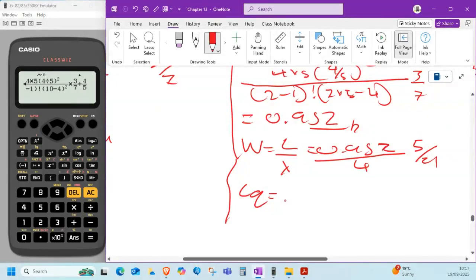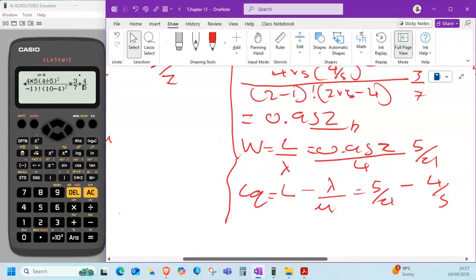Yeah. And now we have LQ minus that over this, which is equal to 5 over 21 minus 4 over 5. So now the answer, I'm going to press, why is my mouse disappearing?